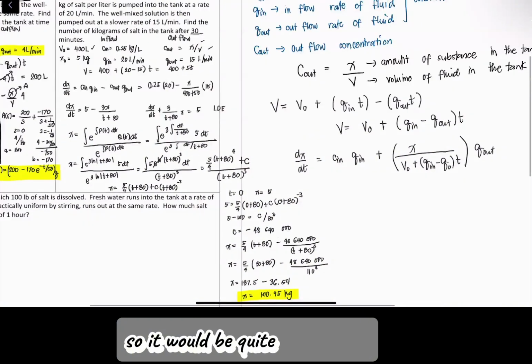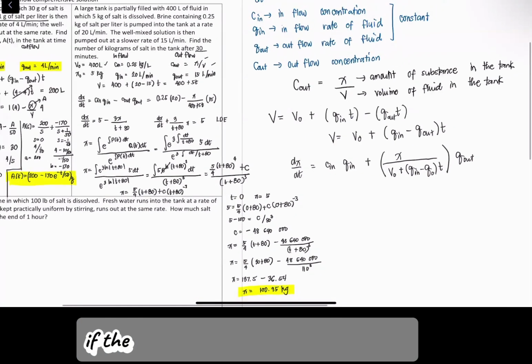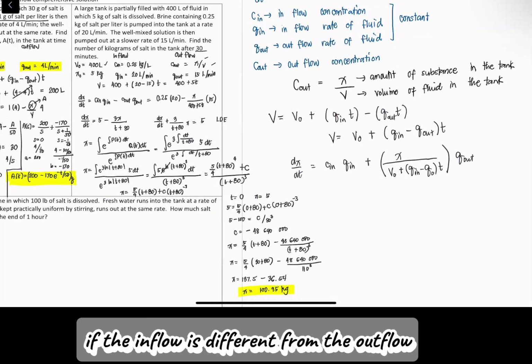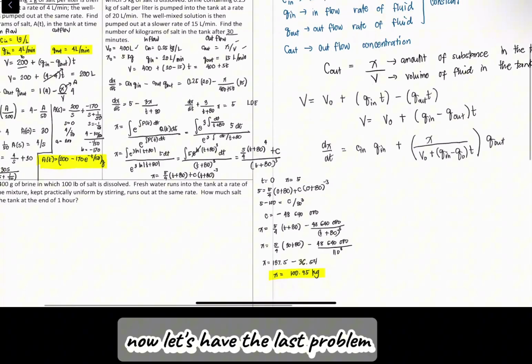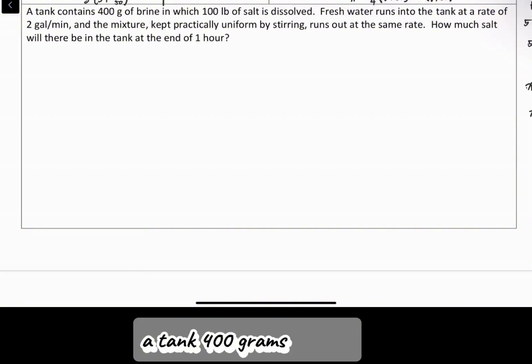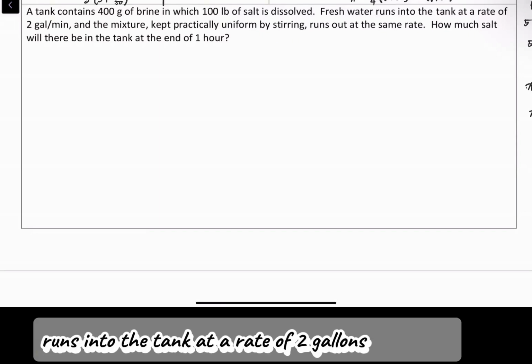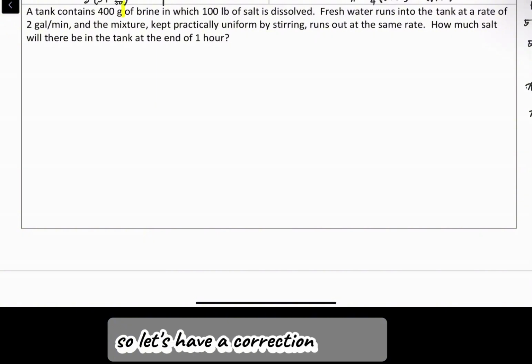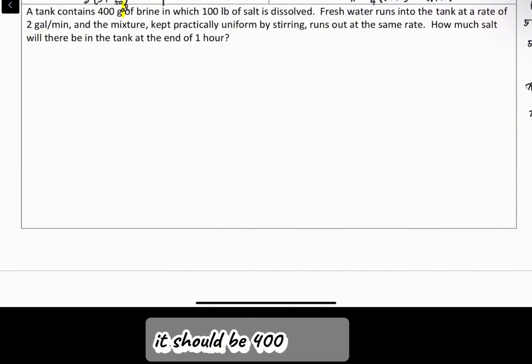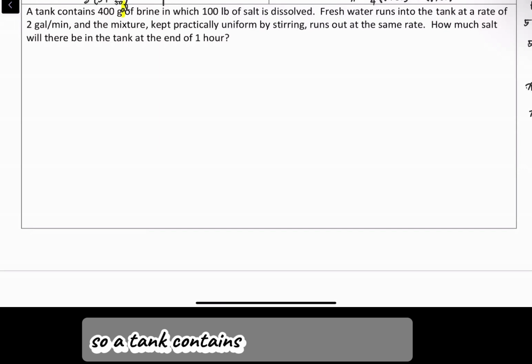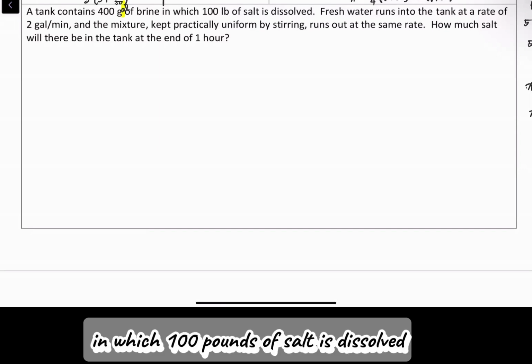So it would be quite complicated if the inflow is different from the outflow. Now, let's have the last problem. A tank contains 400 gallons of brine in which 100 pounds of salt is dissolved.